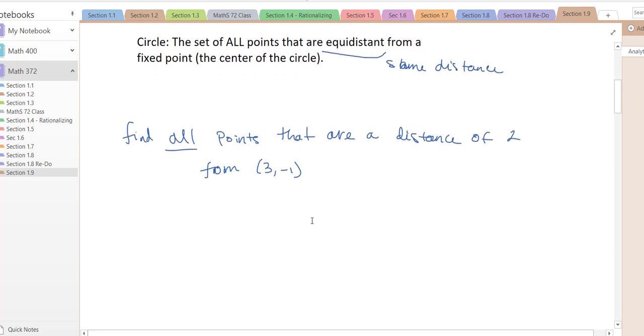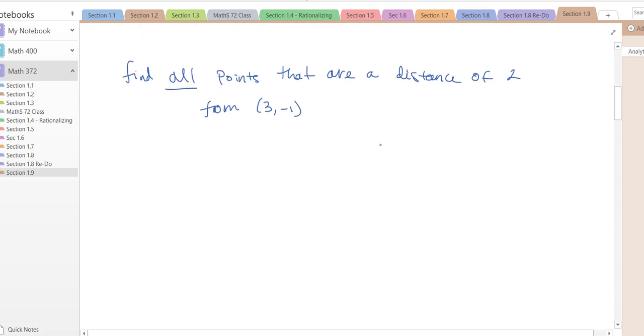How would you find that? I'm going to try to sketch it. If we go to the point 3, negative 1, this is the fixed point. And we want to find all points that are a distance of 2 from this point.